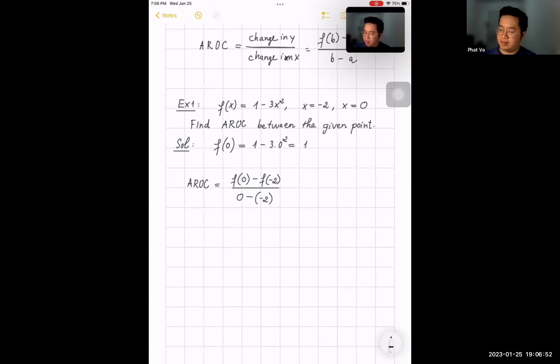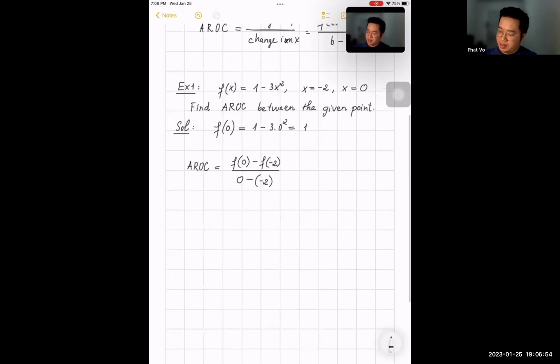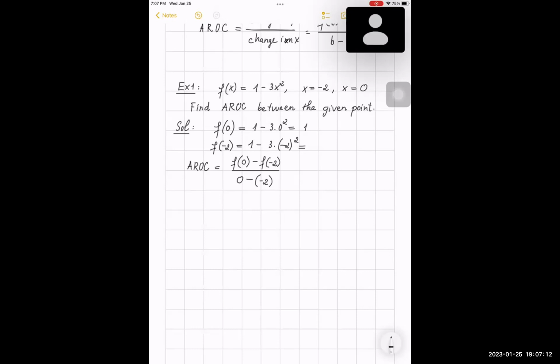So it's 1, right? Okay. So what is the value of f at -2? Just replace x by -2, right? So what is the value now? -11. Yeah, -11. Thank you, Cove.